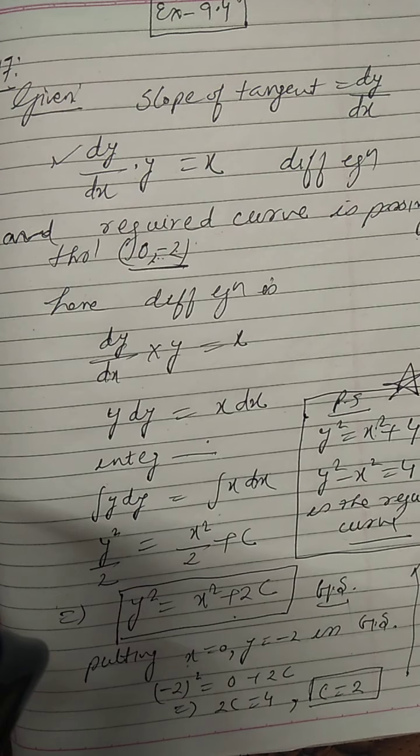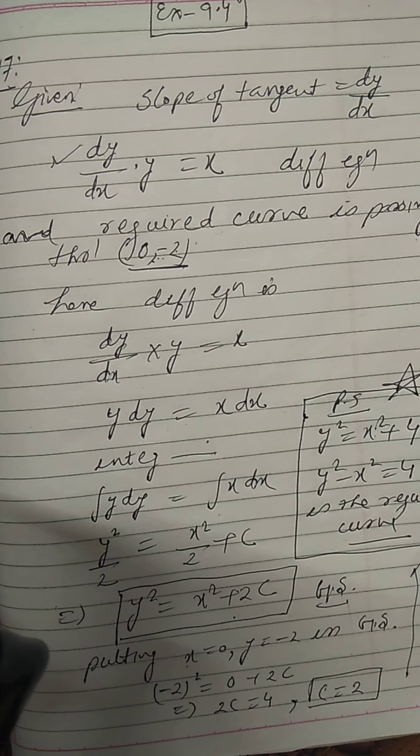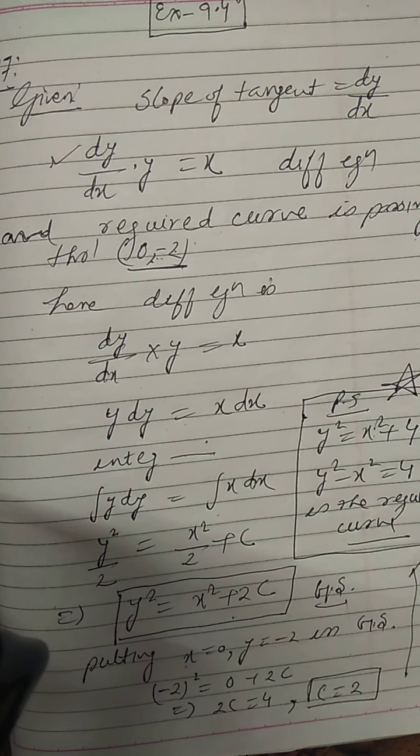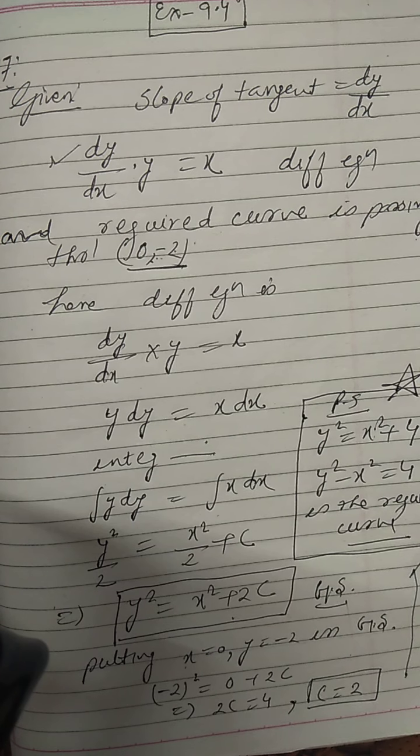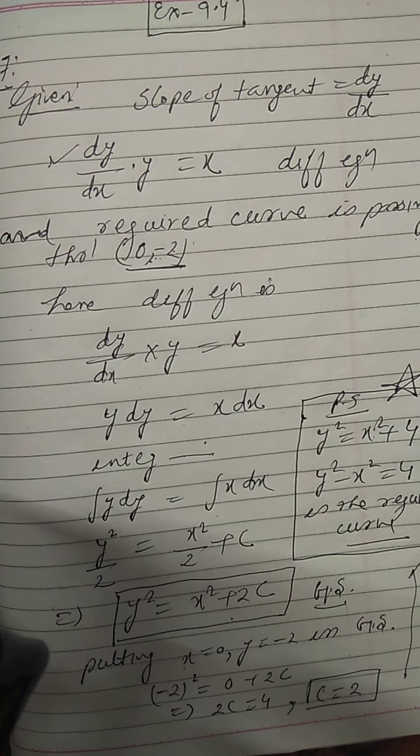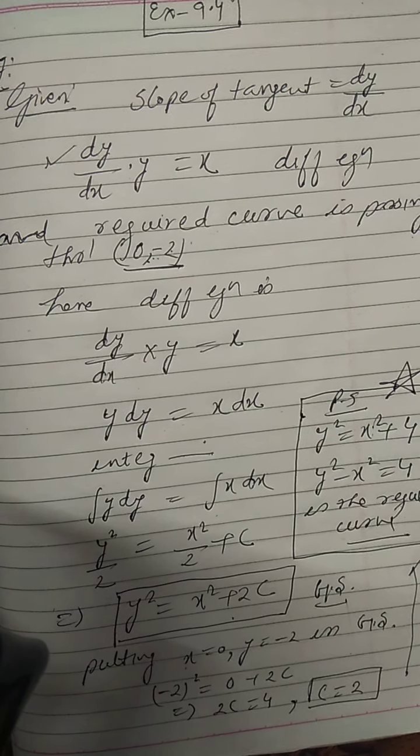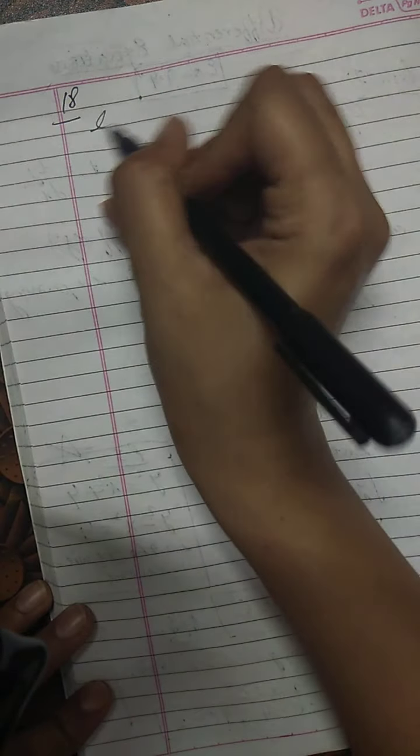Sum number 18 also, I will give you the hint, and you will be able to do this sum easily. So let us discuss the statement and the hint. Sum number 18: at any point (x, y) of the curve, the slope of tangent is twice the slope of the line segment joining the point of contact. Let us write down what is given.